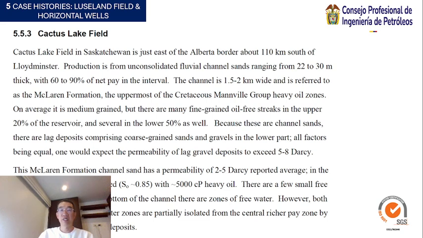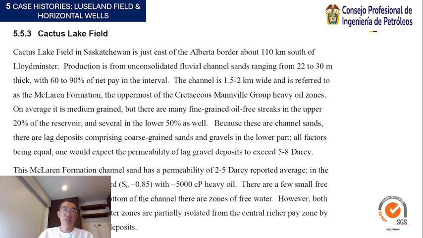The channel is 1.5 to 2 kilometers wide and is referred to as the McLaren Formation, the uppermost of the Cretaceous Mannville Group heavy oil zones.